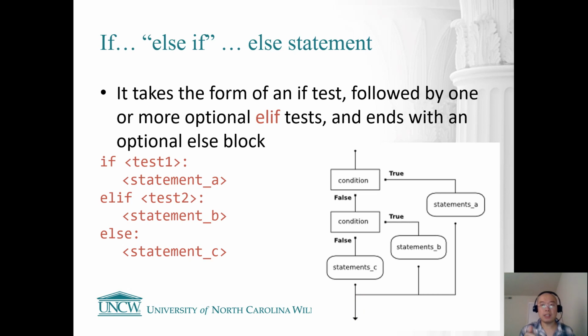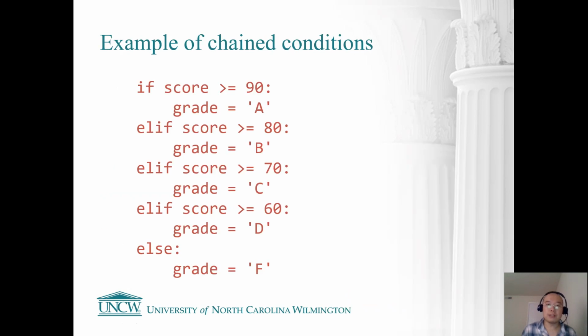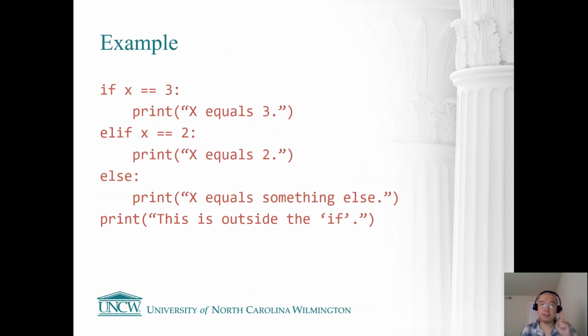So how about we take the elif branch? This means the first condition is false, the second condition is true, so we execute the statement B. And then what? We are going to finish the if, elif, and else, right? So for this version, we only take one possible path.